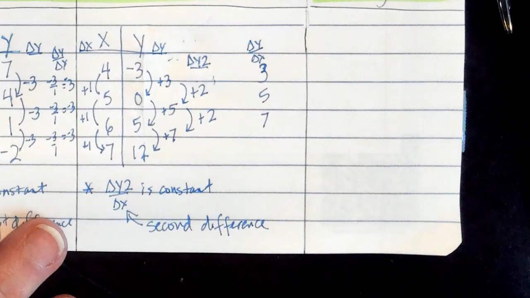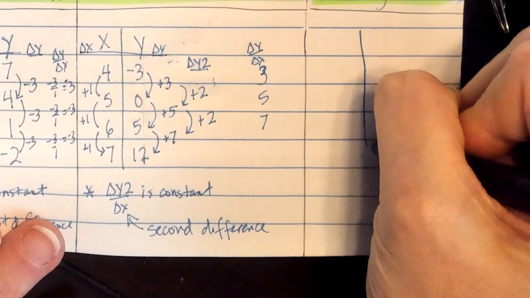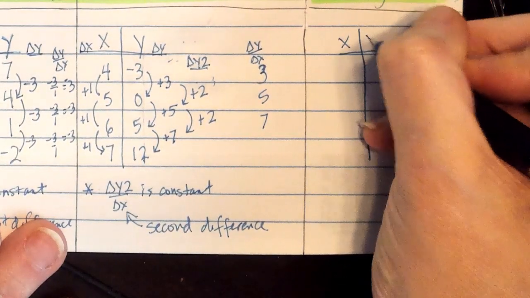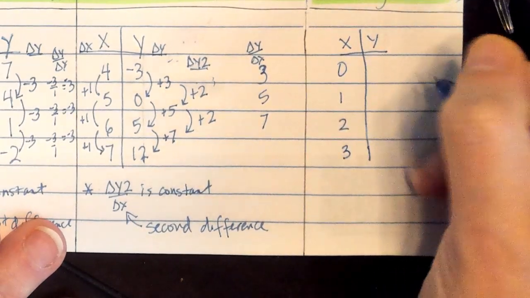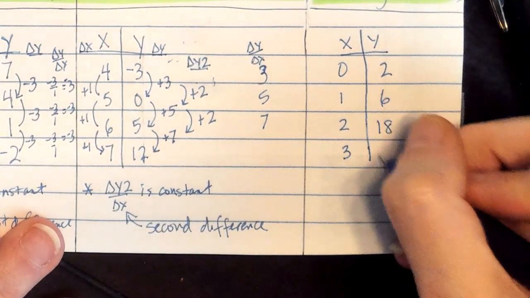Now, exponential, as we know, is completely different. So let me give you an exponential function here. For our x, y, let's do x: 0, 1, 2, 3, and y: 2, 6, 18, 54.